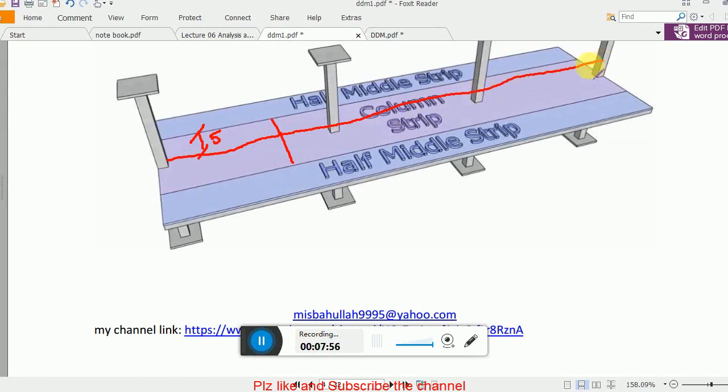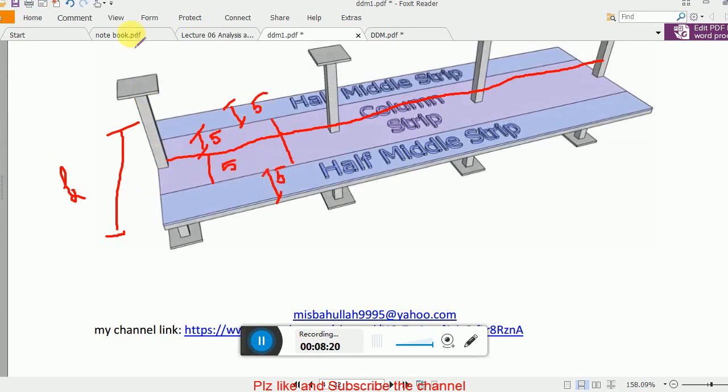Now this is 5 feet, so the other side will also be 5 feet. Now half middle strip and half middle strip, how much will it be? Remember, the total width of this panel is L2, that is 20 feet. So L2 minus 10 divided by 2, so that will also be 5 feet.